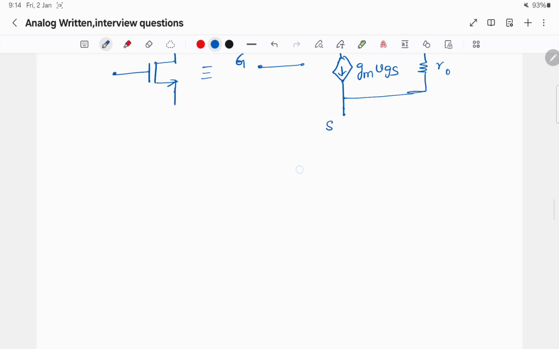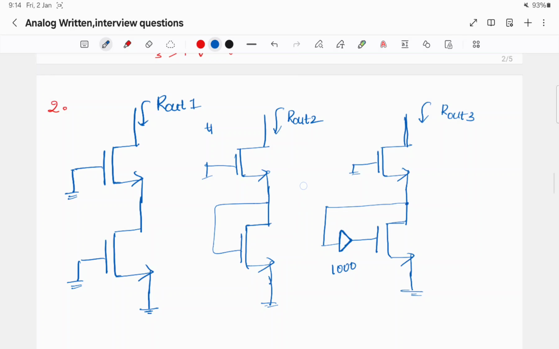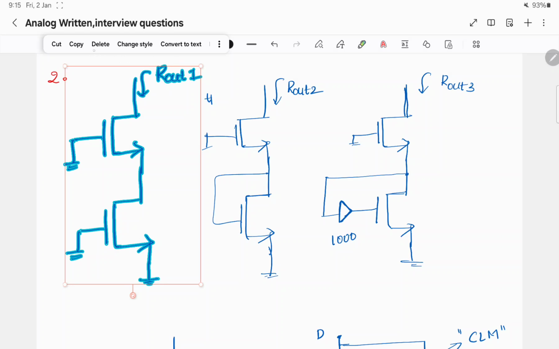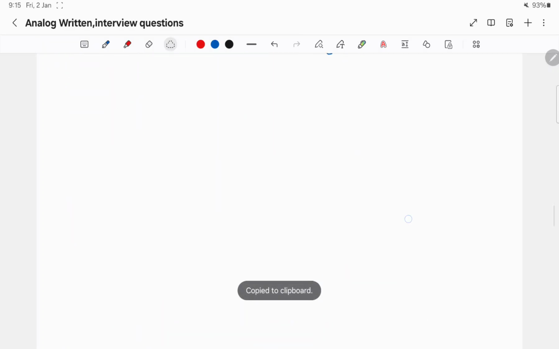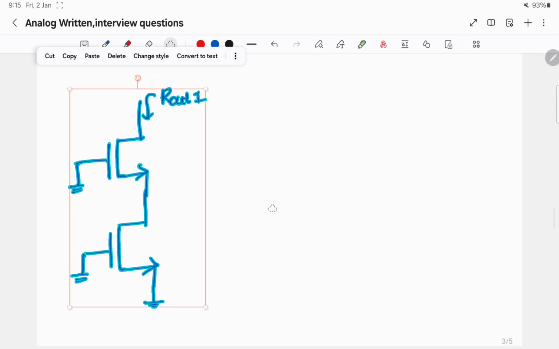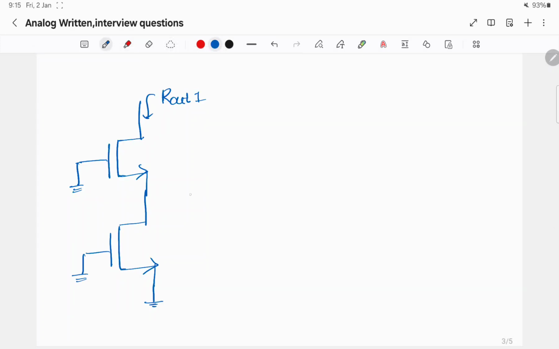The first circuit is this. We'll replace each MOSFET with its small signal equivalent. So for the top one, let us say this is M2 and this is M1.